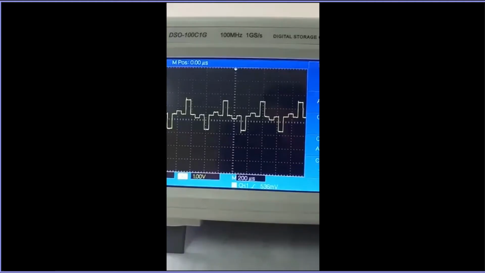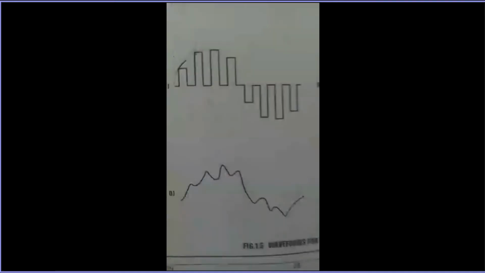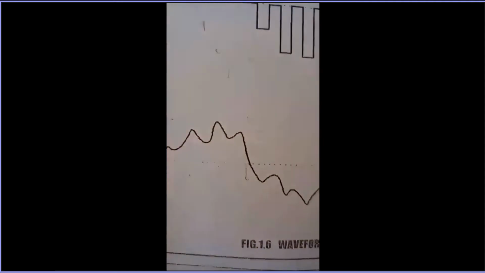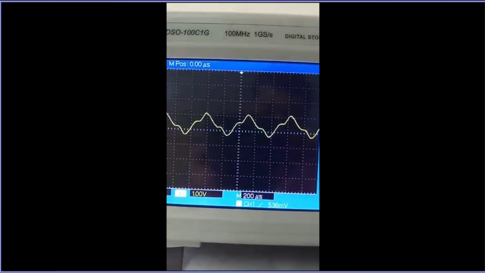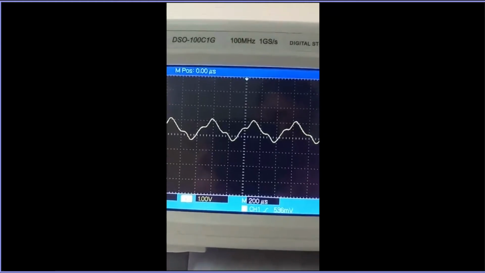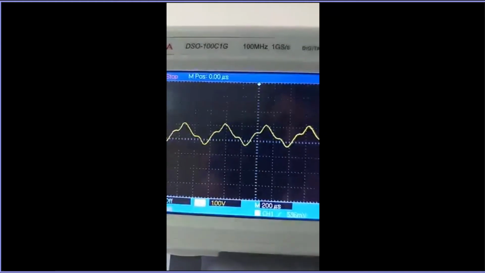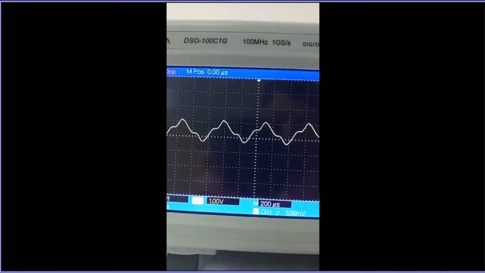Now we'll see the appearance of the reconstructed signal. It is the expected plot. And now see what we are getting here. Okay, so this is the reconstructed signal, the continuous signal from the discrete one, 1.92 kilohertz, 1.49 volt.